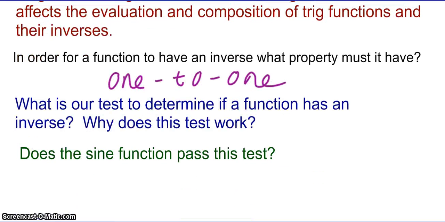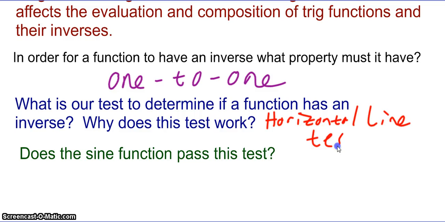So then the next question, well, what is our test to determine if a function has an inverse? So hopefully you have had a second to think about that, and that should be the horizontal line test.